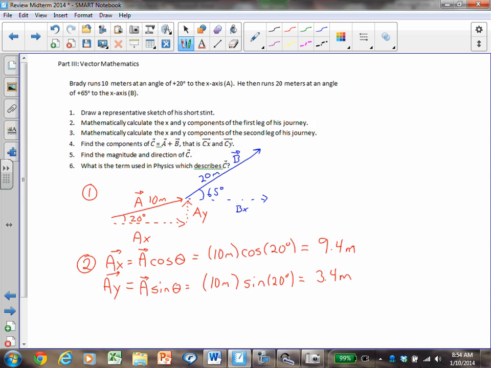Bx, By, and then similarly, Bx will be 20 meters cosine 65 degrees, and By is 20 meters sine of 65 degrees.